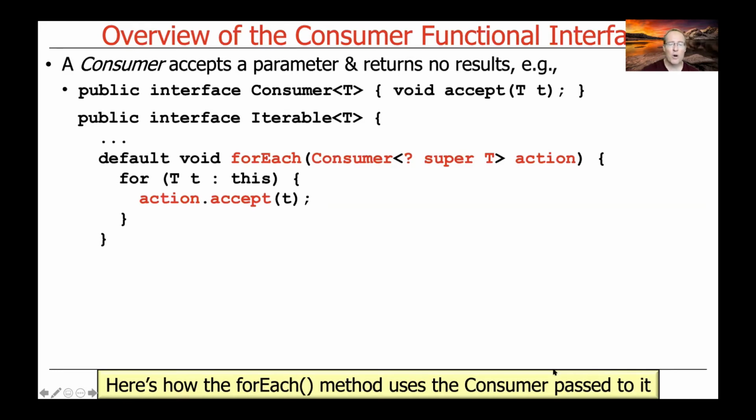So as this example demonstrates, and this comes right out of the Java source code, for each element that's in this iterable, in this list, we're going to iterate through it using a for each loop. So for each element T of type T in this object, we're going to accept the item and do something that the accept method dictates.